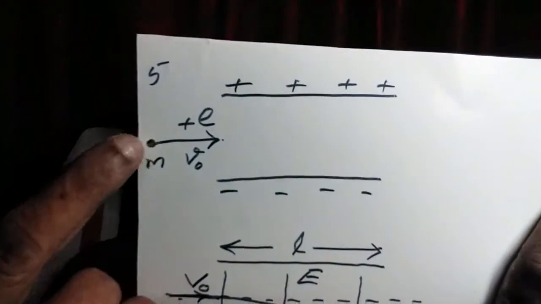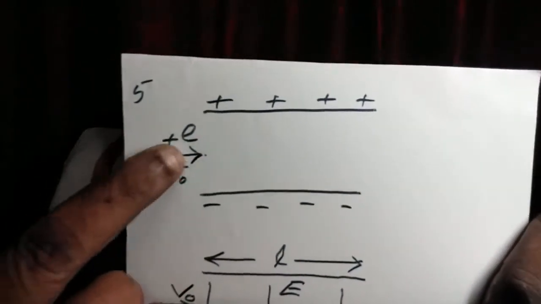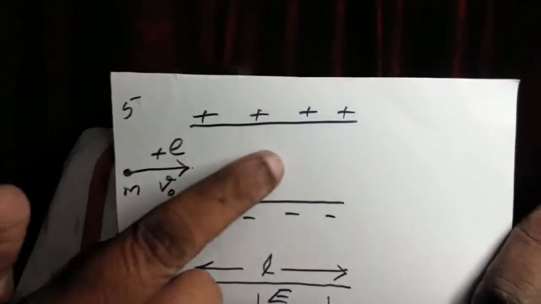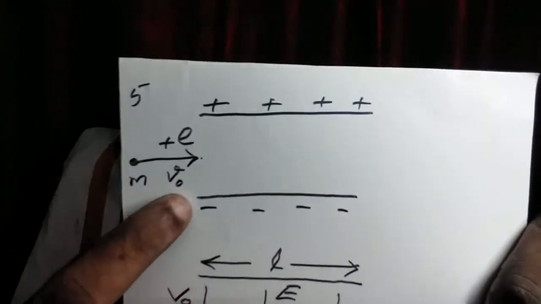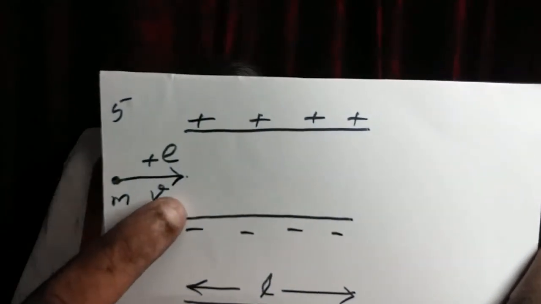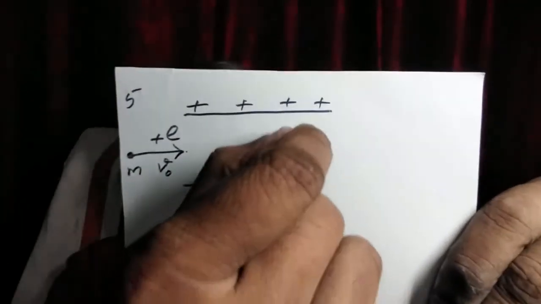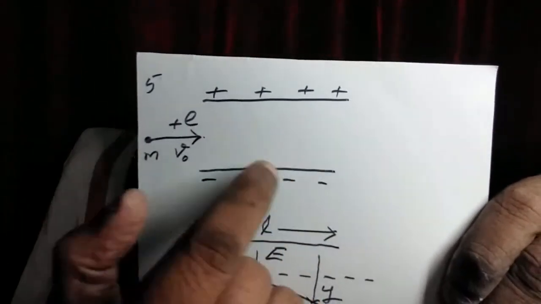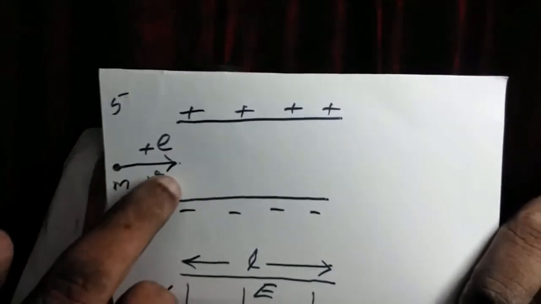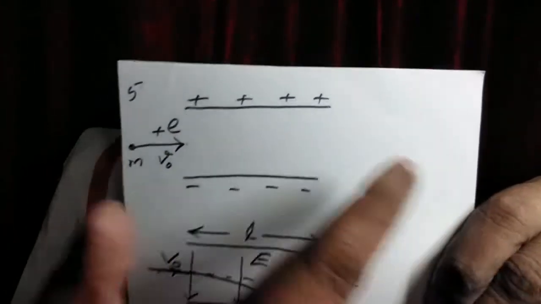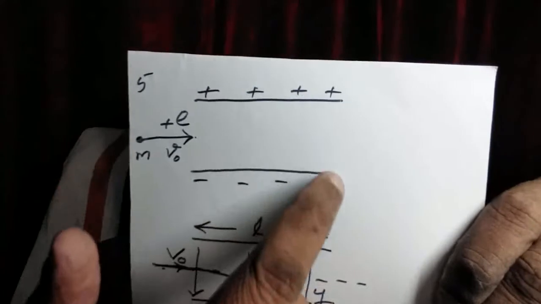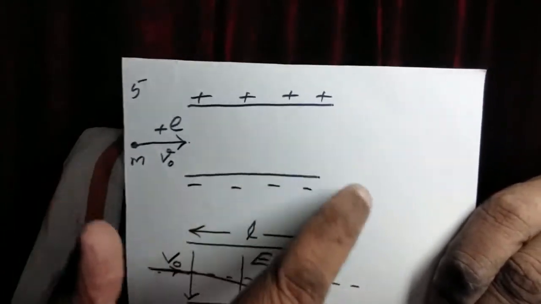A proton is projected horizontally into the space between the plates with velocity v0. The question is, what is the deflection of the proton as it leaves the space between the plates?